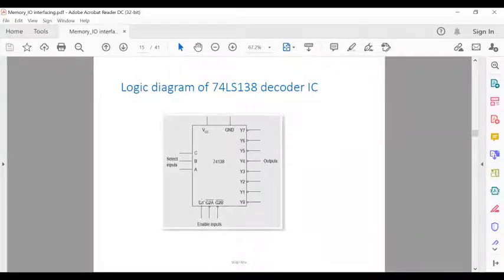But if G1 is 0 and G2A bar and G2B bar are 1, all outputs are 1, independent of the value of the select inputs. Another 2 pins are the supply voltage pin and the ground pin. They must be connected properly so that the logic is always maintained to operate this decoder IC.